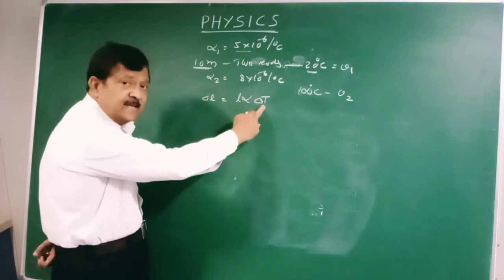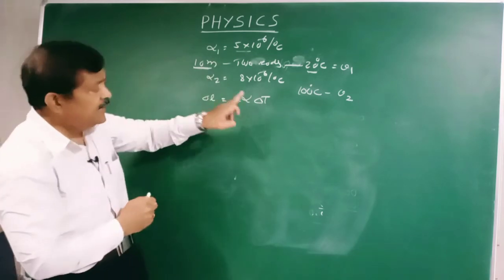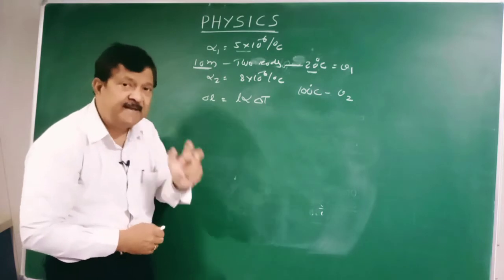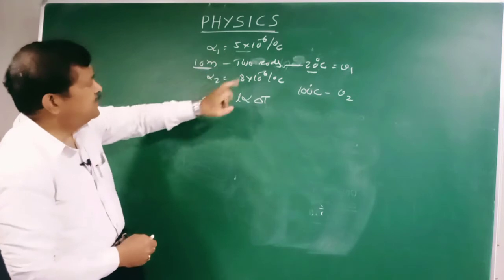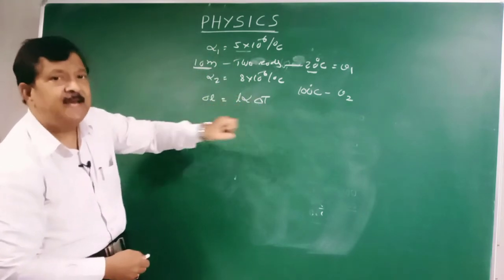Delta T is also the same for both. But alpha is not the same. Remember that alpha, beta, gamma are properties of the material. They are made up of two different materials, so alpha is different. So because alpha is different, the expansion will not be the same.